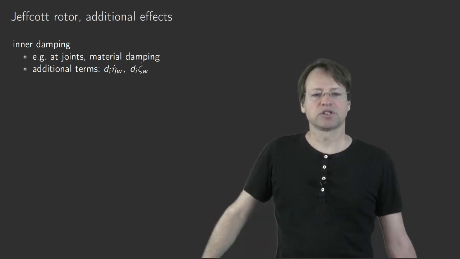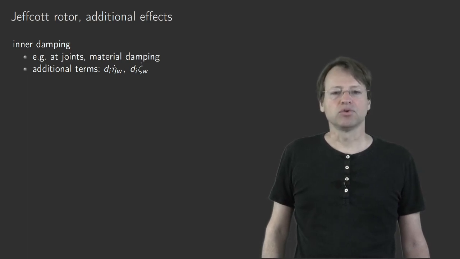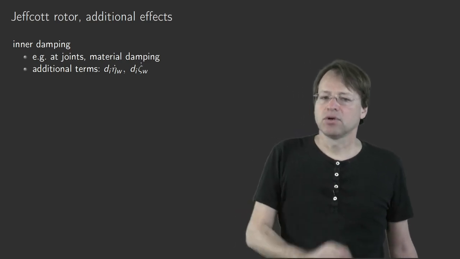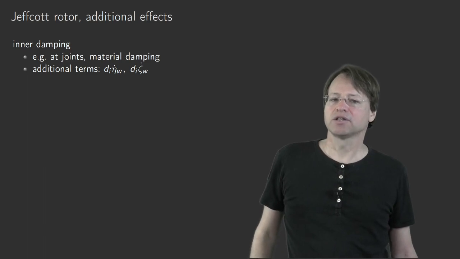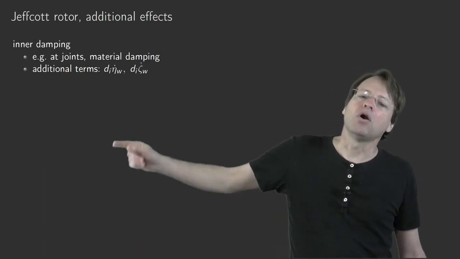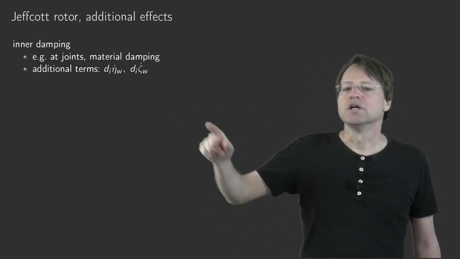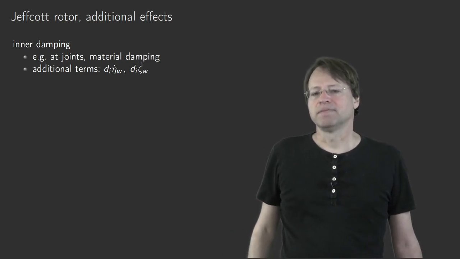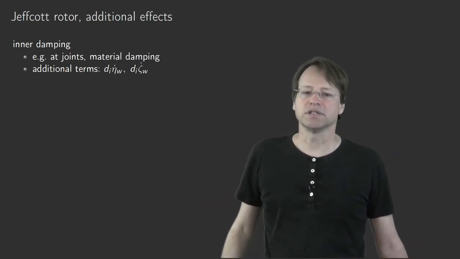Then the first question is, what formulation do I use for the equation of motion? Because now I have two choices. I could choose space fixed coordinate systems, and we learned a lot about the advantages of the space fixed coordinate system for the classical Jeffcott rotors, or I could feel that I'm forced to switch to body fixed coordinates because the inner damping appears here in terms of the body fixed coordinate or the body fixed velocities.